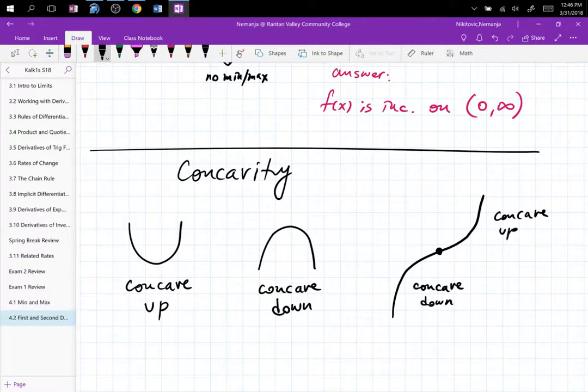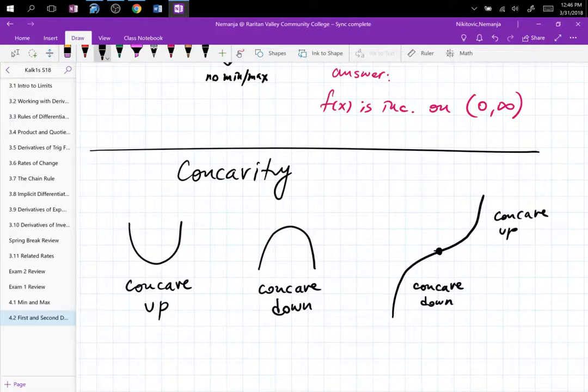Now, if you want to challenge me and ask, really, these are concave up and concave down? Sure. Let me just do this. You see the upper part, above this point, is concave up clearly, and it's concave down in this case.